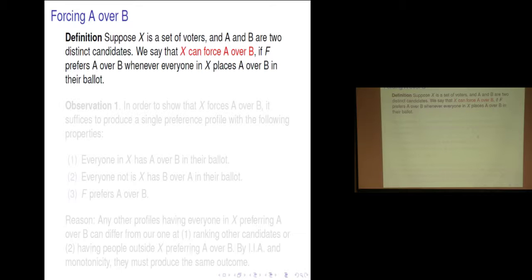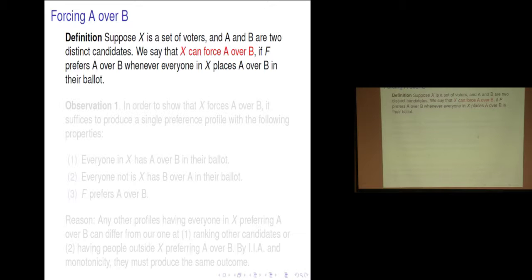So X will be a subset of the voters, like people in this LT. So let X be a set of voters, not to be the full set, just some subset of voters, and A and B are 2 distinct candidates. So A and B are candidates; they are different. It's not AA, right? So it's A and different person is B.